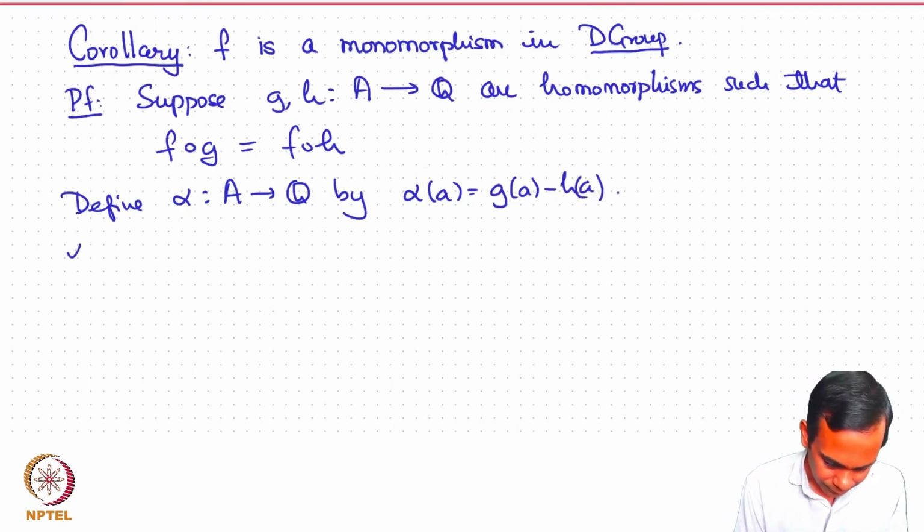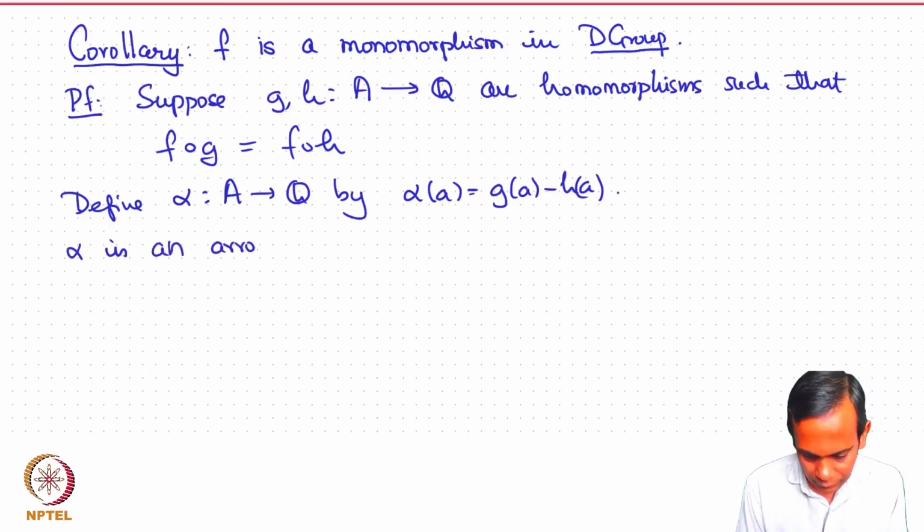That's easy to check. So it's an arrow in D group.